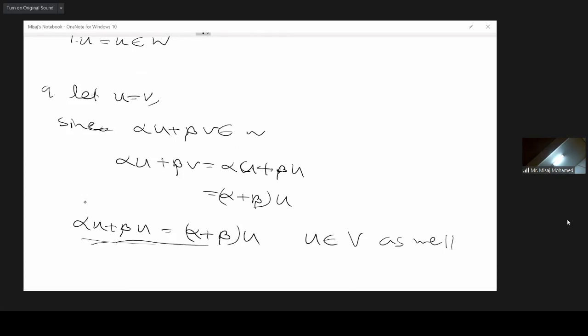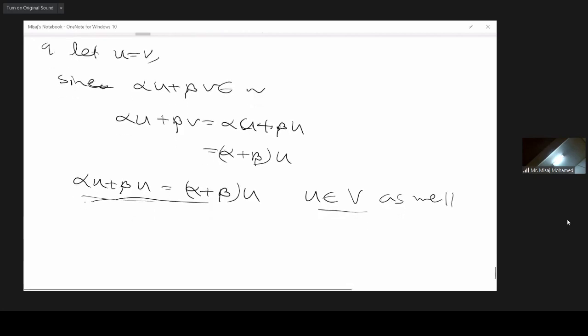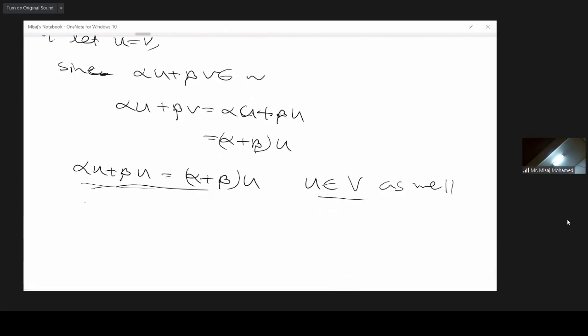So distributive law holds. Now the 10th property, let alpha be equal to beta.